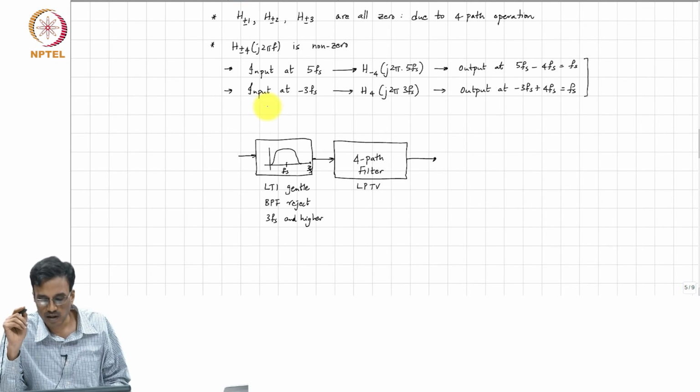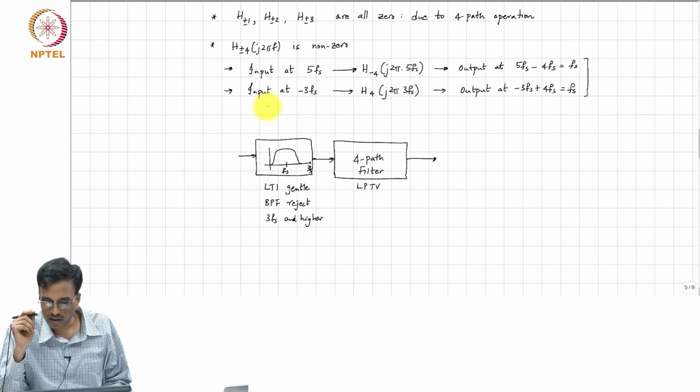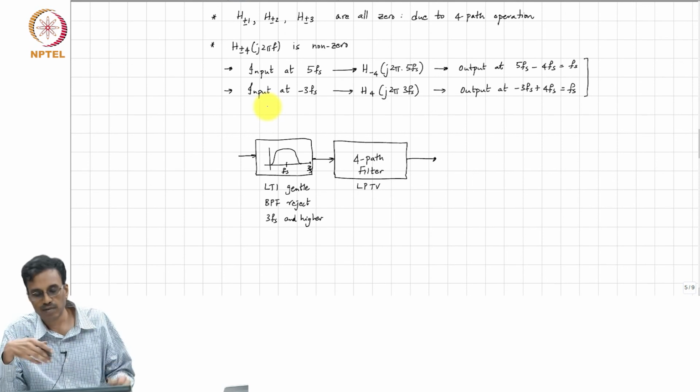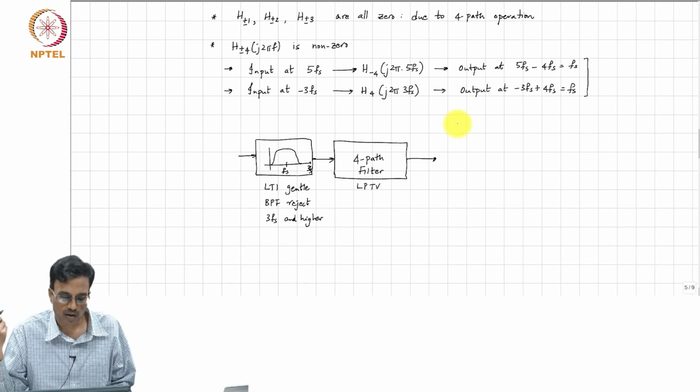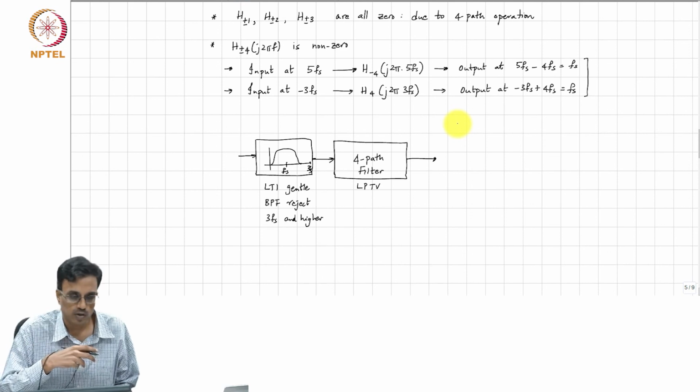The N path filter based band pass filter is good at filtering tones which are very close to each other, but it has this problem because of the inherent time varying nature of the network, that it causes stuff to fold from multiple frequencies to output, right. So, this is one way of solving the problem.